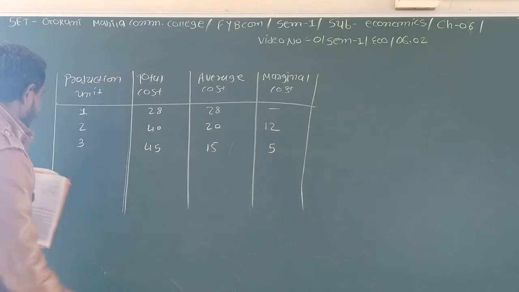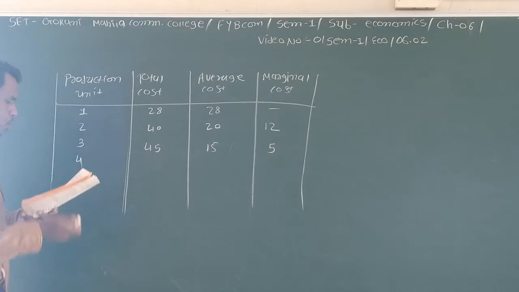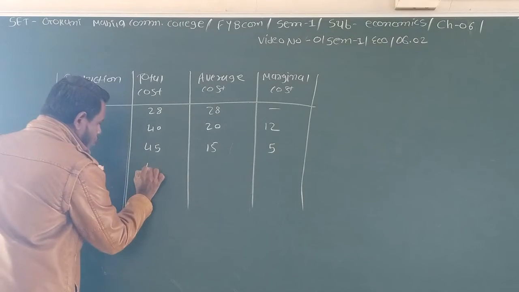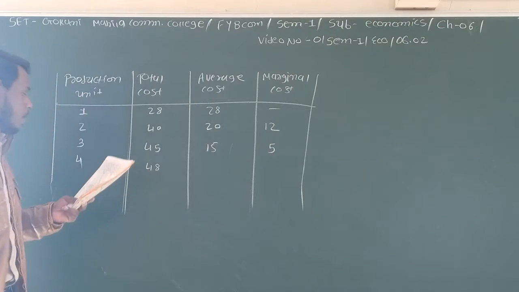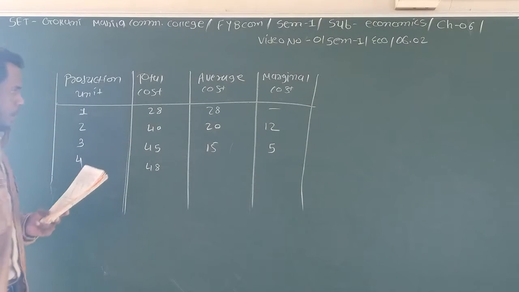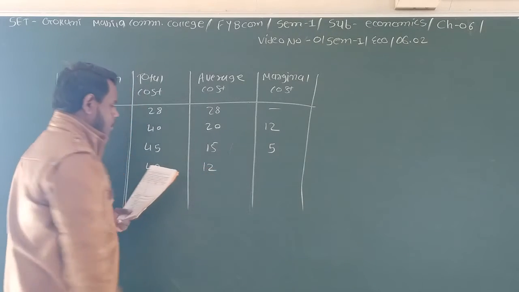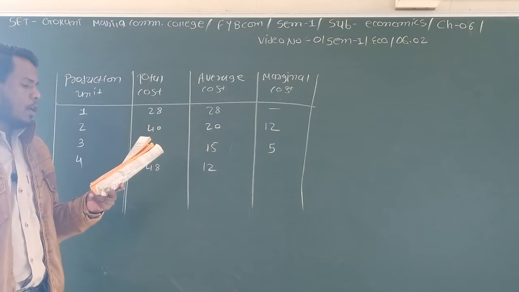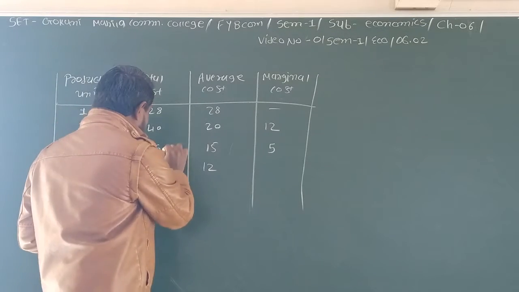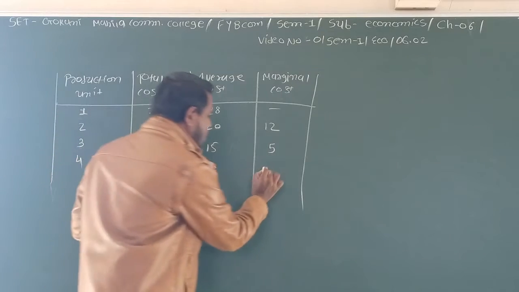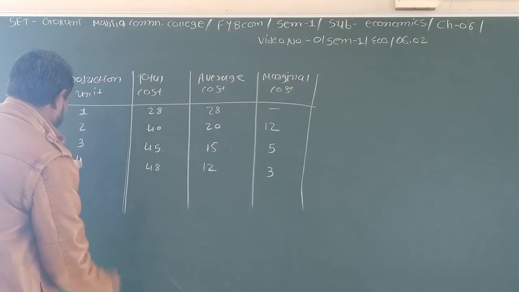After that, if you produce the 4th unit, your total cost is 48, so 48 divided by 4, that is 12, and 48 minus 45, that is rupees 3.